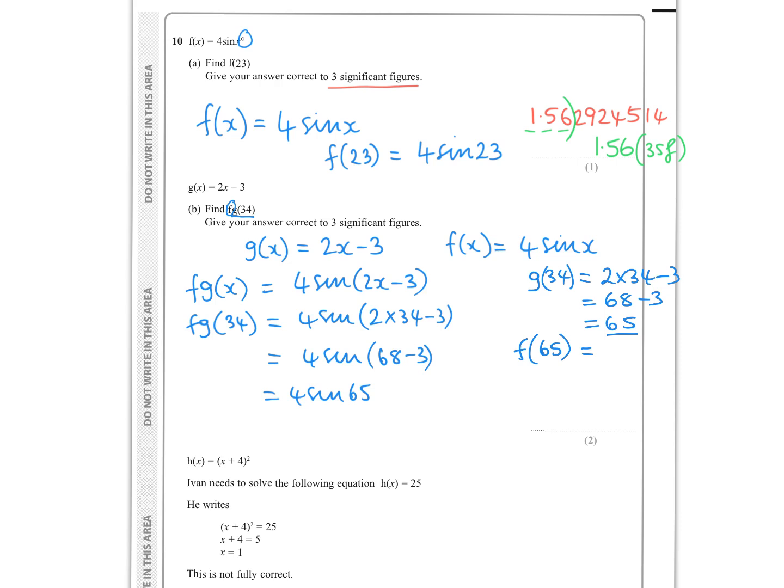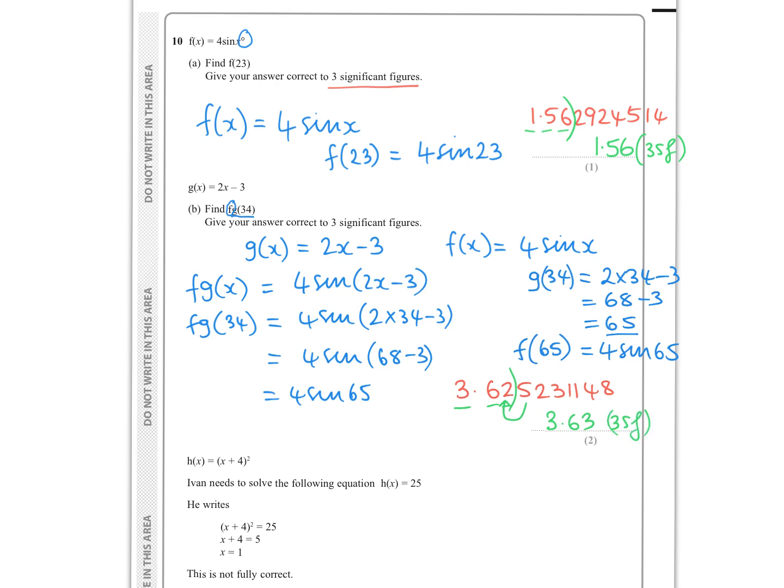So some of you may like that, some of you may not. So we'll just have 4 sine 65, which is the same. So 4 sine 65, and that gives us 3.625231148, again to 3 significant figures. 1, 2, 3. The 5 does round this time, so it'll be 3.63 to 3 significant figures.